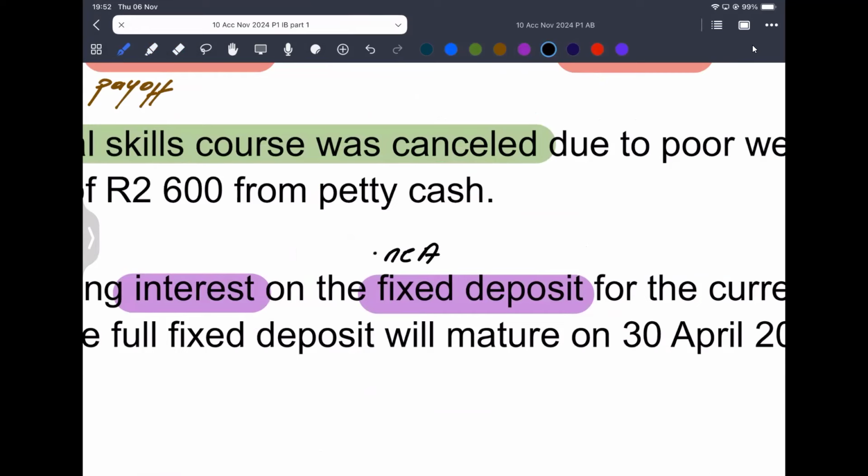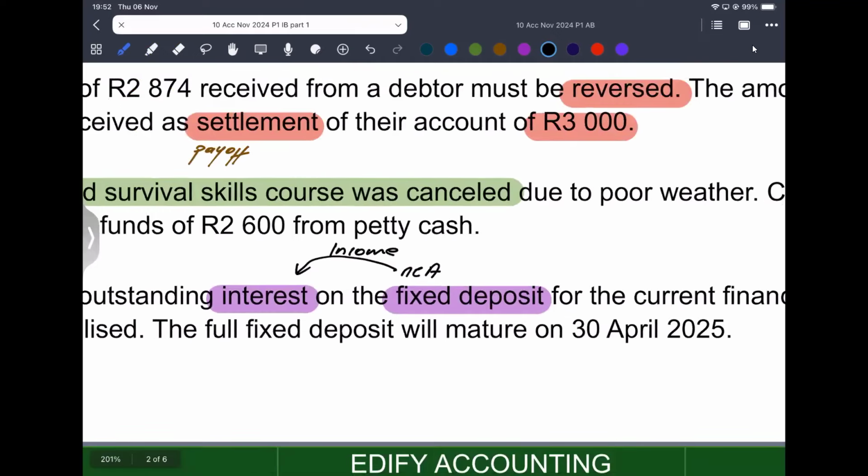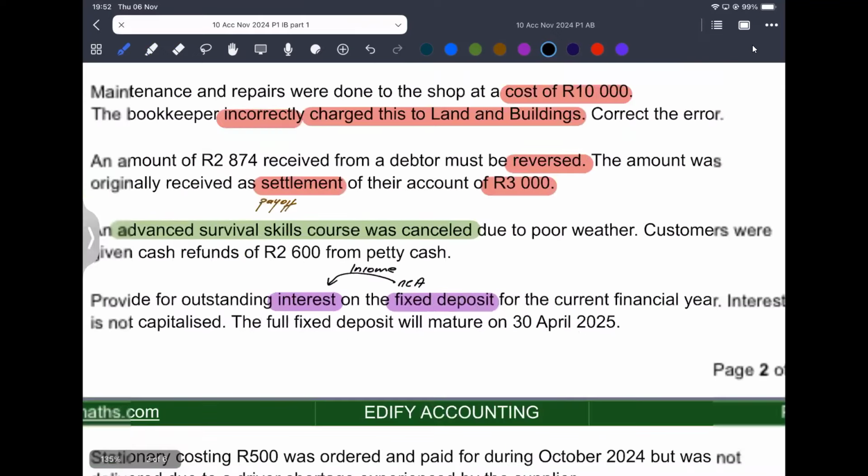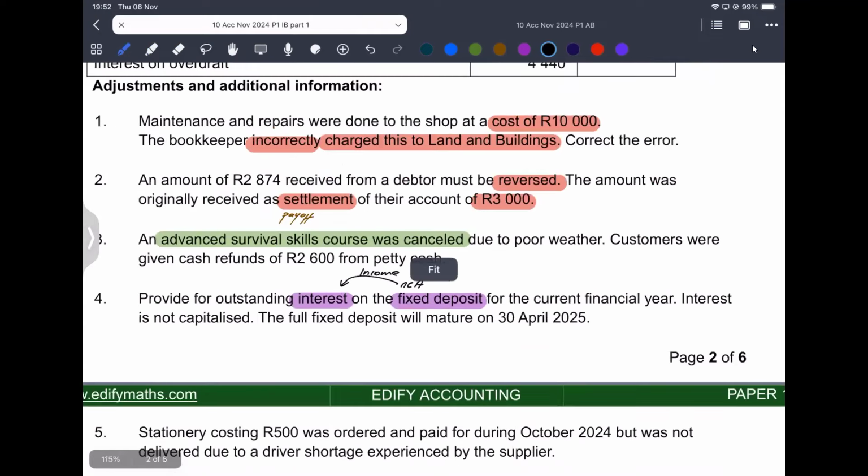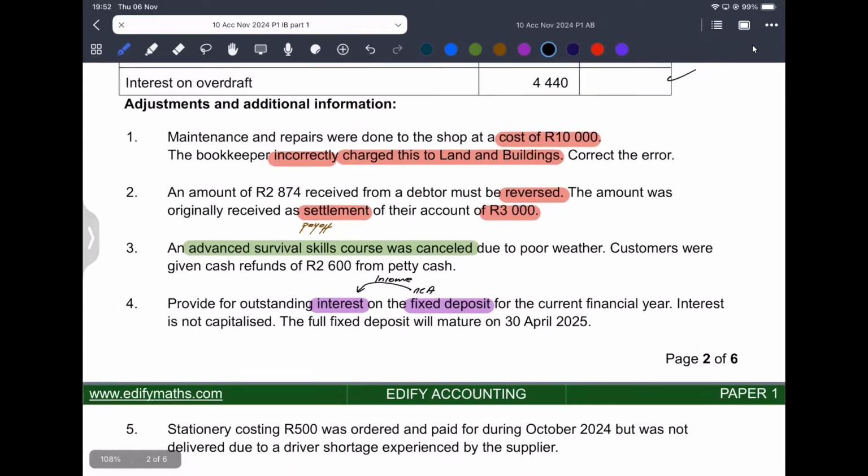So interest on an asset will be income. So here we're talking about interest income, and the fact that it is still outstanding, it means it is accrued. But we are going to record it as accrued income if and only if it is not capitalized. If it is capitalized, that outstanding interest will be added to the actual fixed deposit.